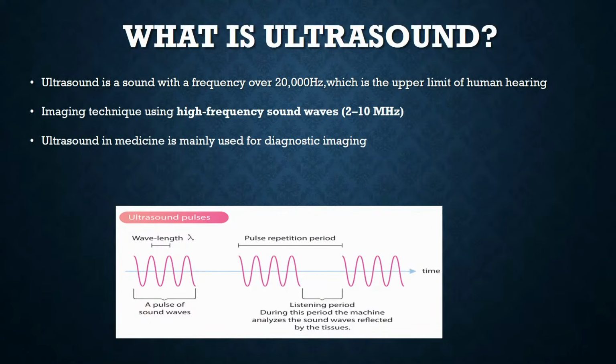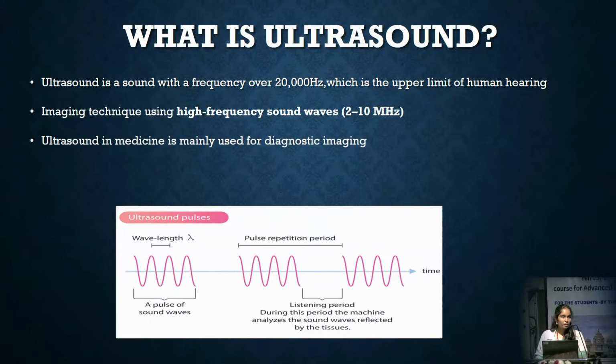Coming to what is ultrasound, the introduction. Ultrasound refers to sound waves with a frequency greater than 20,000 hertz, which is beyond the range of human hearing. In medical imaging, we use high frequency sound waves, usually between 2 to 10 megahertz, to visualize internal body structures. The ultrasound probes send sound waves into the body.